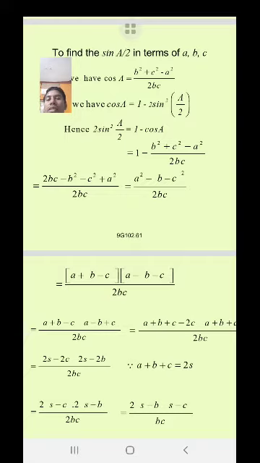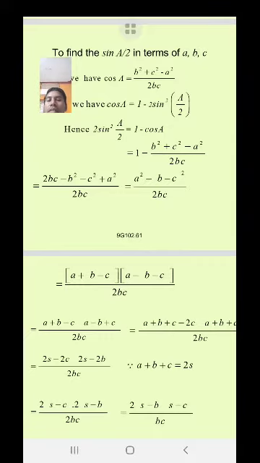Next b into a is ab, so plus ab minus ab get cancelled. B into b is b square, so minus bc. Next c into a is ca, so here minus ca. And minus c into b is minus bc. And before also we have minus bc. So minus bc minus 2bc.